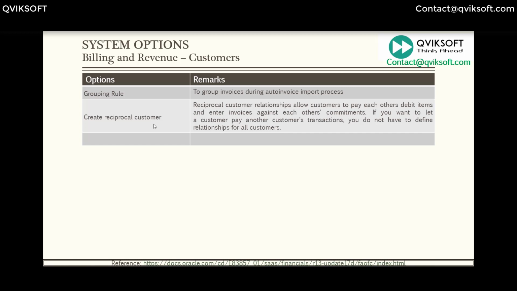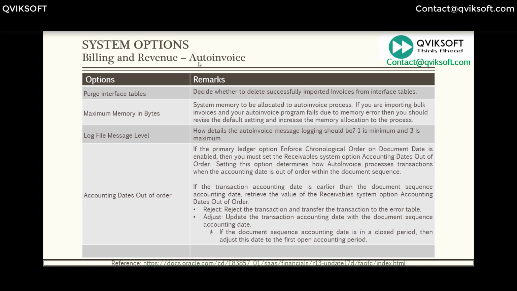This is useful because sometimes, for big corporations, you give services to their various legal entities, but the payment finally comes as a check from the headquarters only. When you receive the money as a chunk and create a receipt, you want the ability to apply it to the various accounts of the same customer. Otherwise, you would have to create many separate receipts and apply them separately. So this is an option which can be useful.